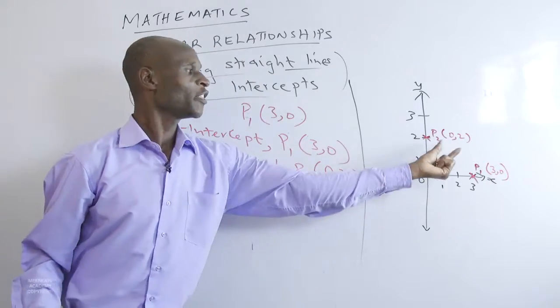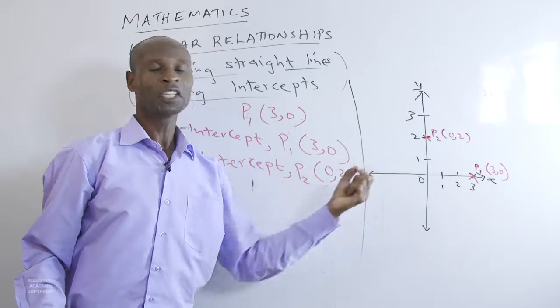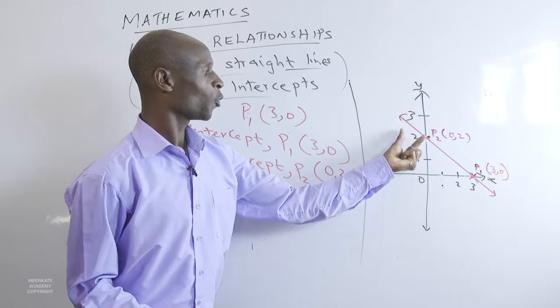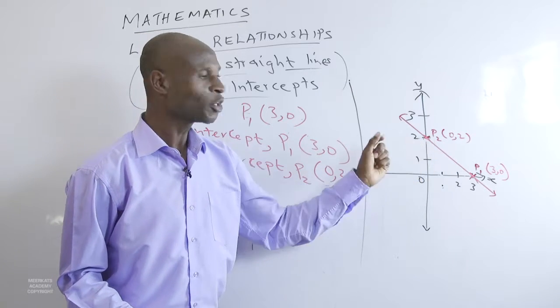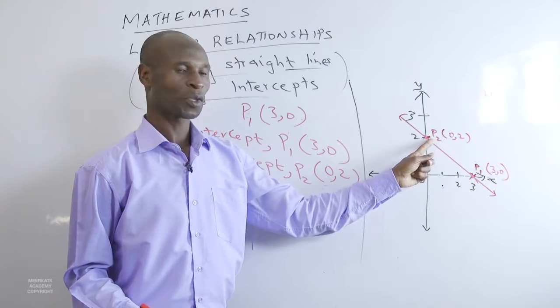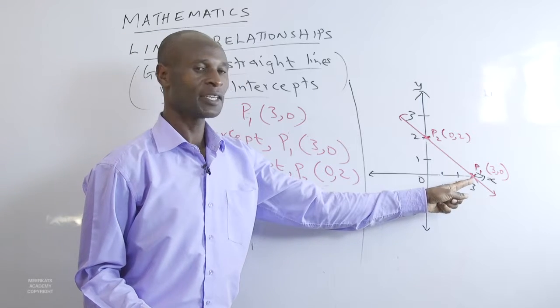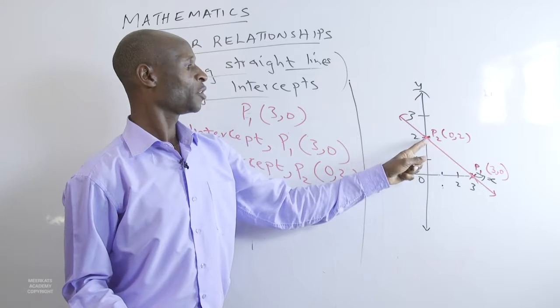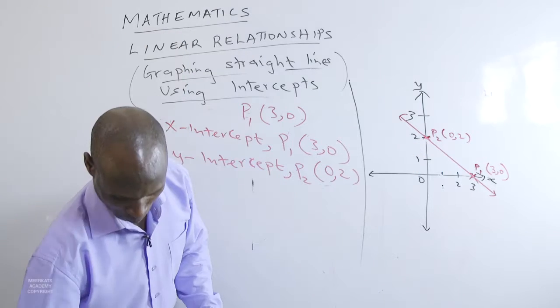Once we have plotted the 2 points, we now take a ruler and join the 2 points. So as you can see, we have joined our 2 points, point P1 and point P2. Point P1 represents the x-intercept, while point P2 represents the y-intercept.